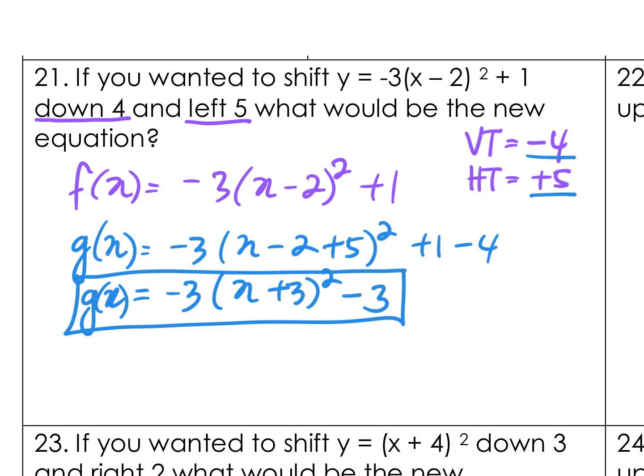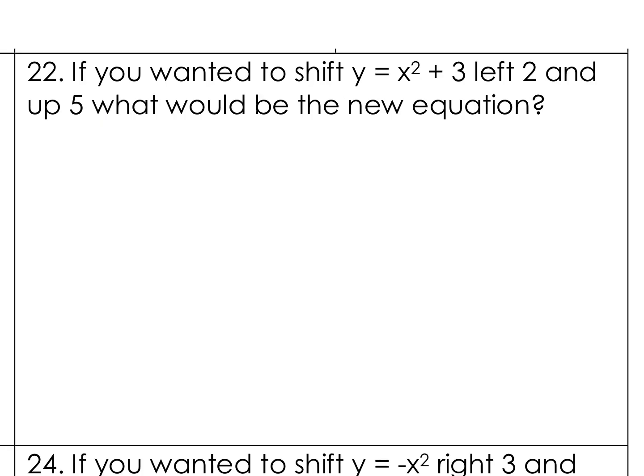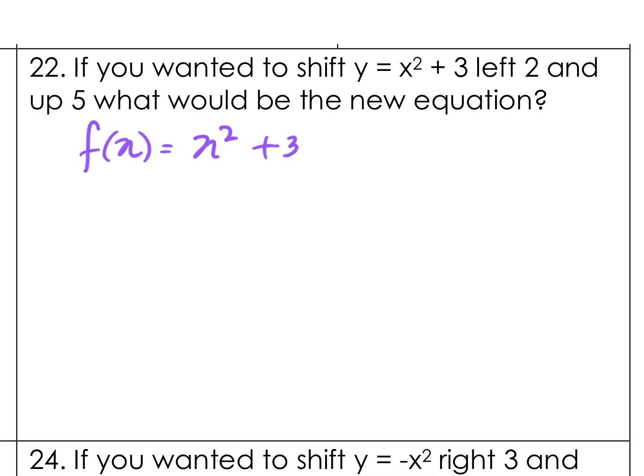If you wanted to shift y is equal to x squared plus 3, left 2, and up 5, what would be the new equation? Okay, so our f of x in here, which is the original, is going to give you x squared plus 3. But they are asking us that says left 2 and up 5. Left 2 represents your horizontal translation of plus 2, and up 5 is going to be your vertical translation of plus 5.